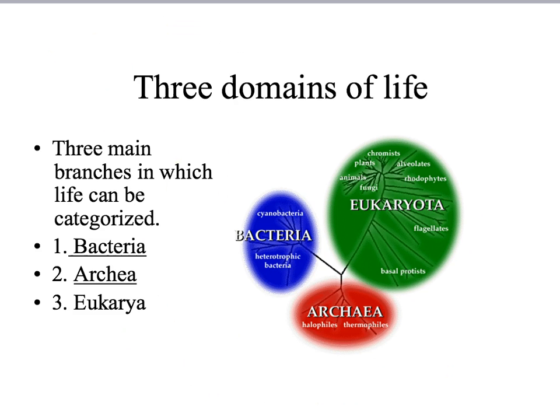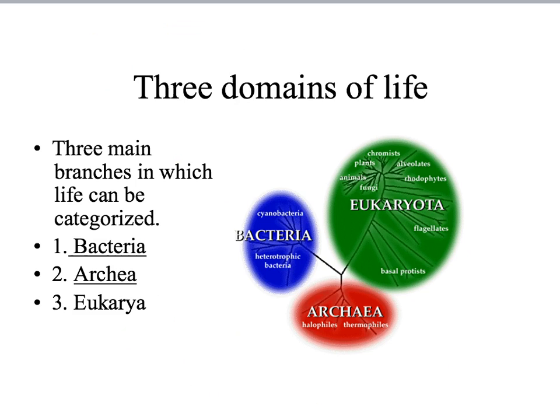Now that we've organized life from large to small, let's see how we classify or categorize life. As technology improves and things are more modernized, there are different ways that we can organize life. And right now we have two main systems that we use.